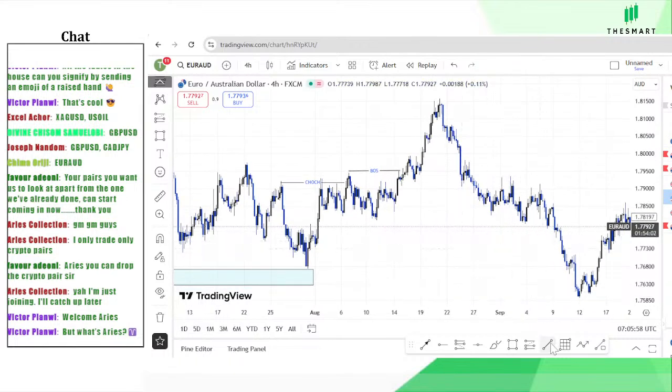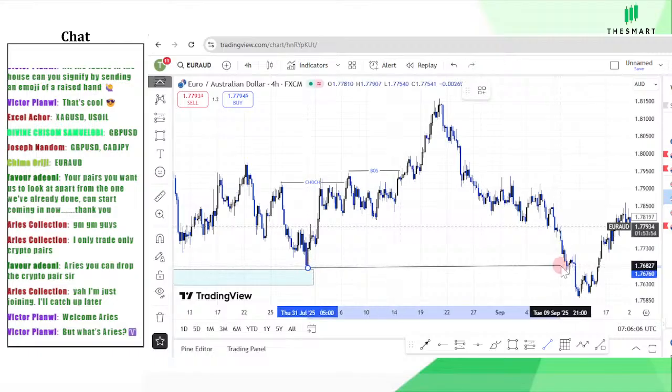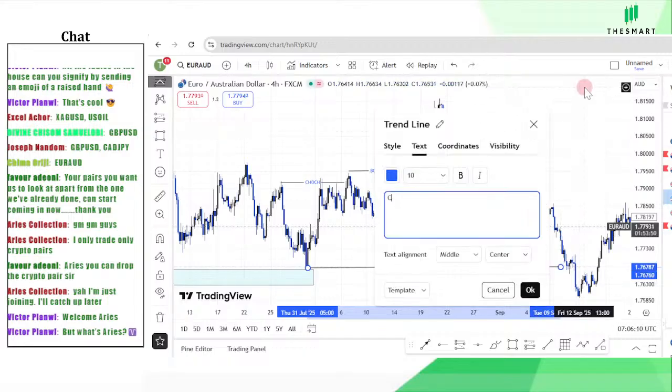So having this break of structure and overall change of character, I don't want to go into looking at this in detail because I've already seen the overall trend. So overall, this low has been taken out, giving us this change of character.